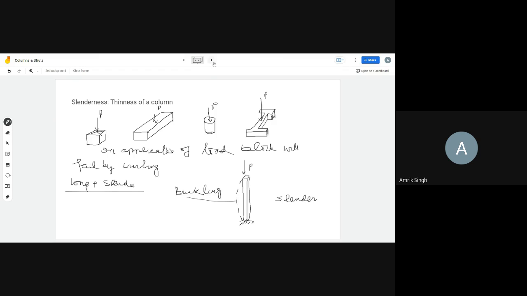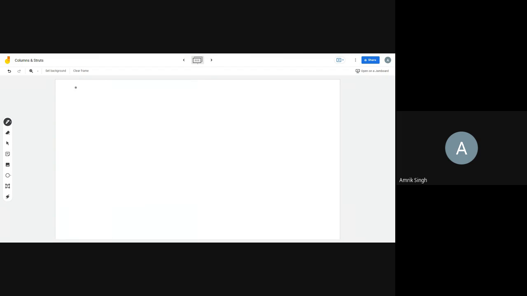Now there is a difference between buckling and bending.